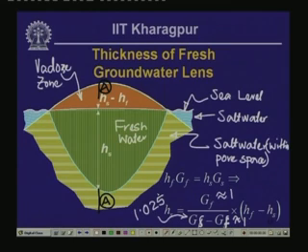So if you substitute these numbers, then what you are going to have is H subscript S is equal to 1 over 0.025 times HF minus HS. So H subscript S then is going to be approximately 40 times the difference between the height of fresh water minus the height of salt water at a given vertical section.